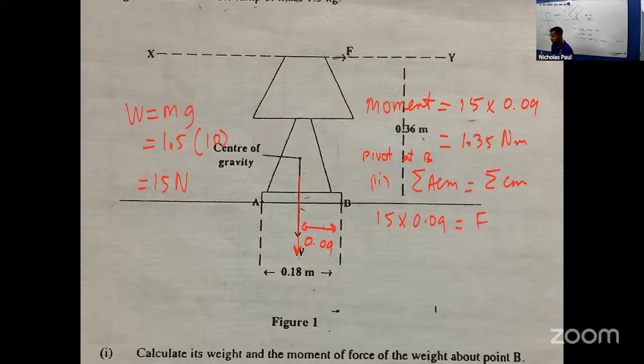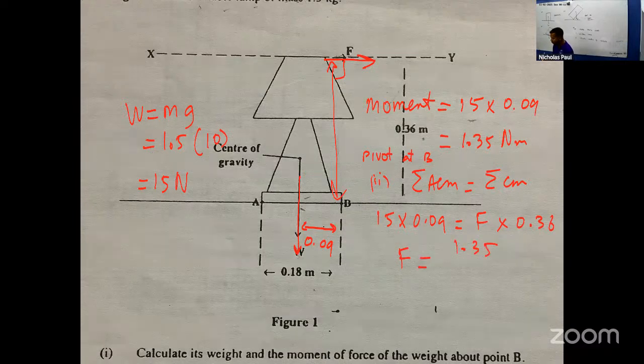F. What's the perpendicular distance of F from E? 0.36. Very good. So F multiplied by 0.36, and solve for F.